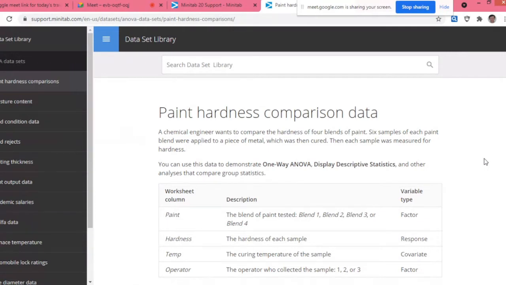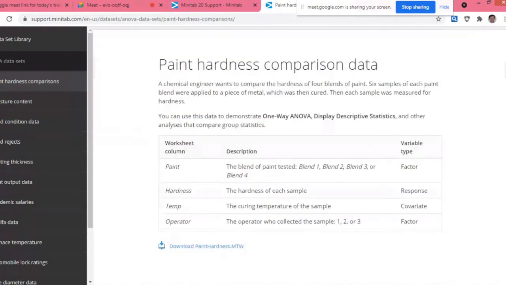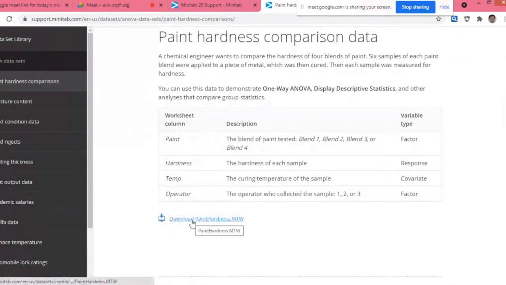So here we can see the paint is the factor and hardness is the response. And here we have 4 blends: blend 1, blend 2, blend 3, and blend 4. There are some other factors also, that is the temperature and the operator, so we will not discuss this right now. We will only discuss the paint and hardness. If you scroll down, here we can see there is a download option for the paint hardness.